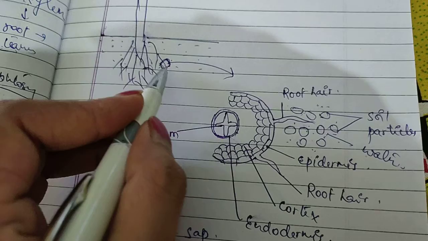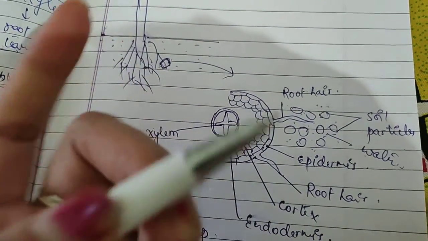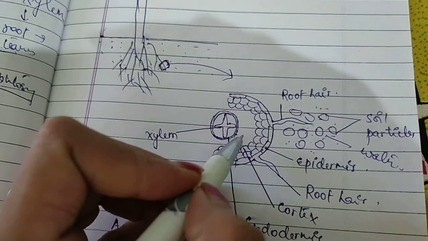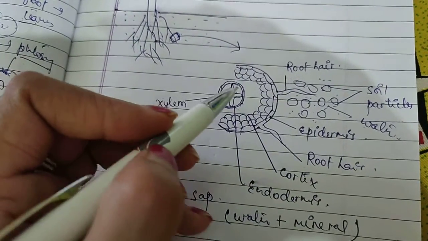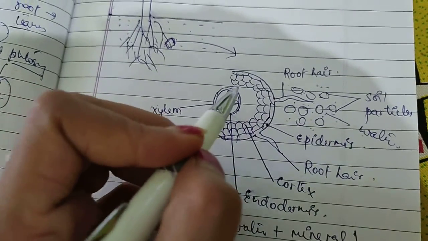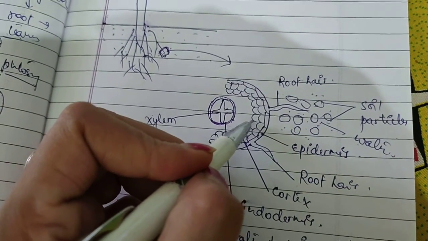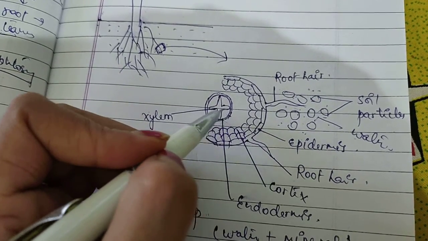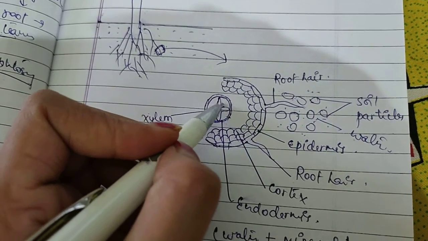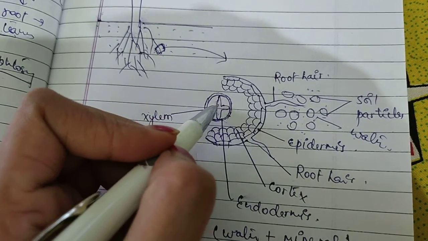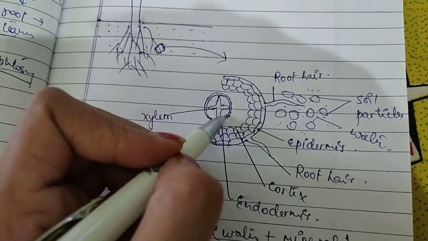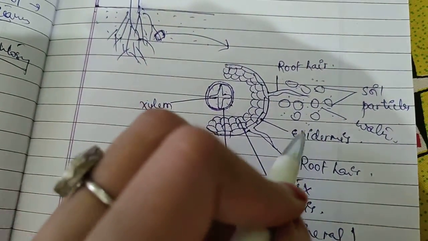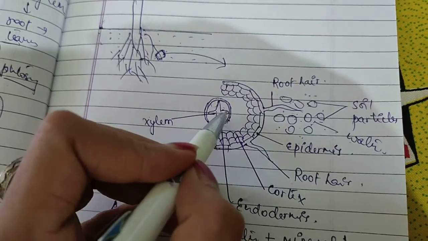Once you cut the section of the root, you can see that the outermost layer is the epidermis, which is commonly known as epiblema in the case of root. Then there are cortical cells, then endodermis, pericycle. This is the vascular bundle which has xylem, and these are the phloem. So water and mineral get absorbed by the xylem.